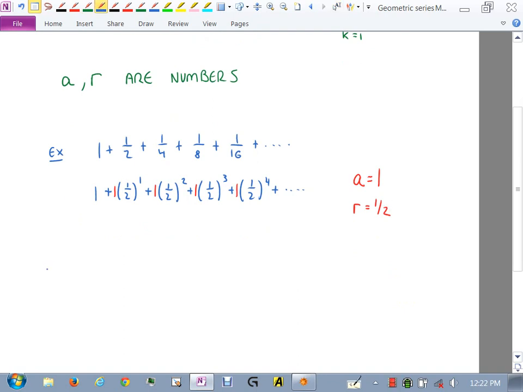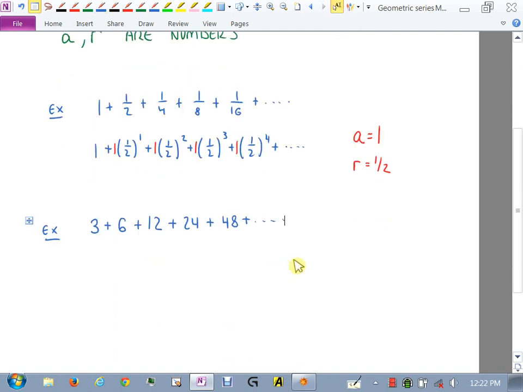Another geometric series. How about we do 3 plus 6 plus 12 plus 24 plus 48 plus dot dot dot.